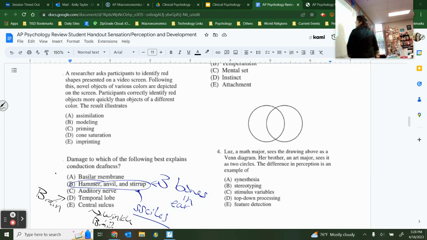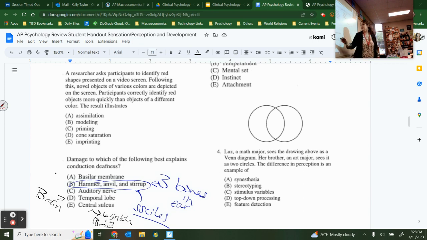Okay, so a researcher asked participants to identify red shapes presented on a video screen. You're not going to get this one. Following this, novel objects of various colors are depicted on the screen, and participants correctly identify the red objects more quickly than objects of a different color. What does this result illustrate? Okay, can we get rid of some of these?